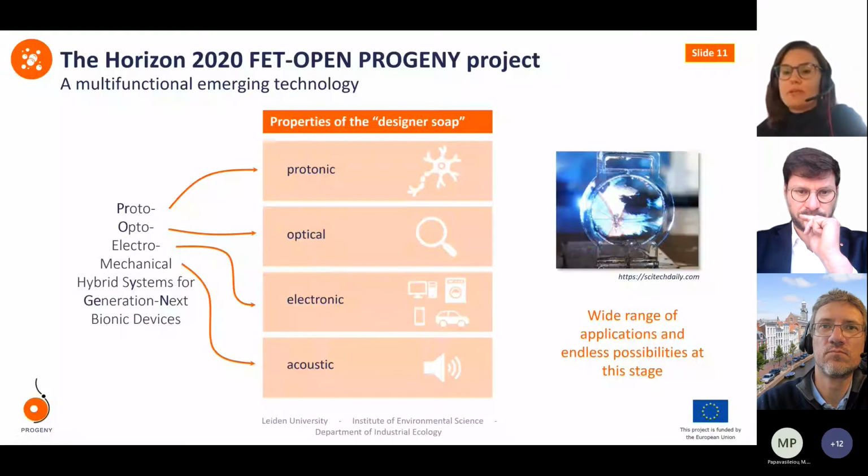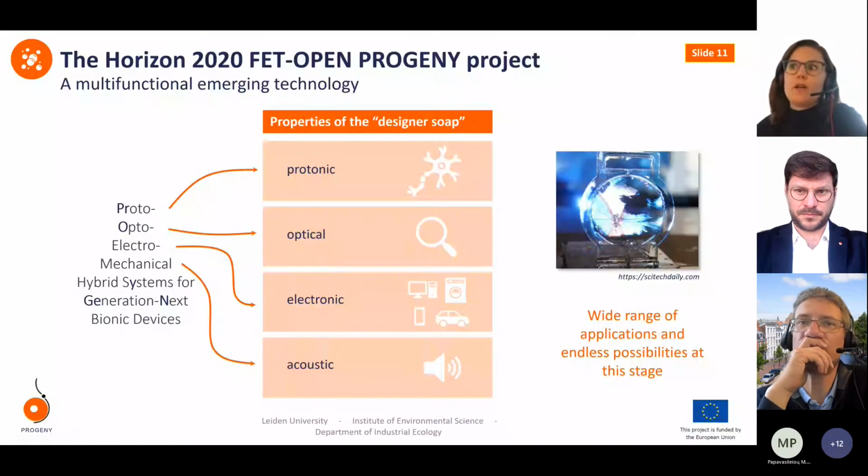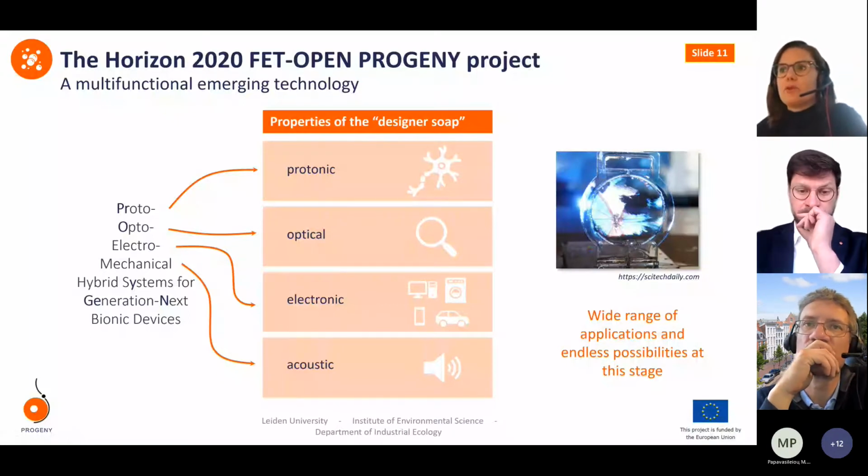They have optical properties, as you can see on the right side, even used as a screen. They have electronic properties. One of the goals of this project is to build a new kind of semiconductor, which is embedded in almost any kind of technology. And it also has acoustic properties. That's also where the name comes from: proto-optoelectronic mechanical hybrid systems for next generation bionic devices.